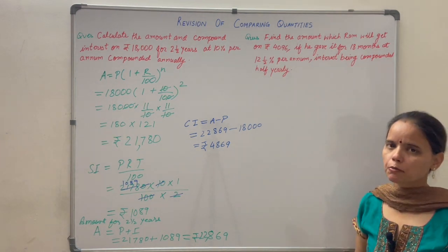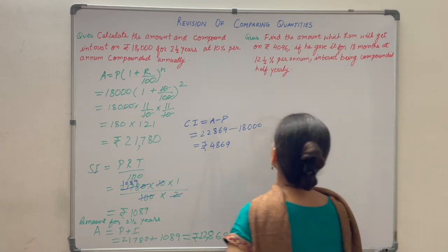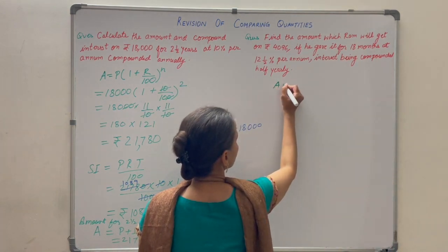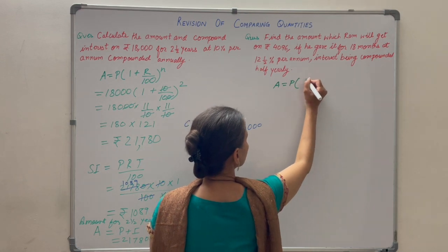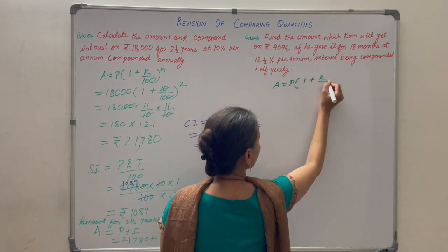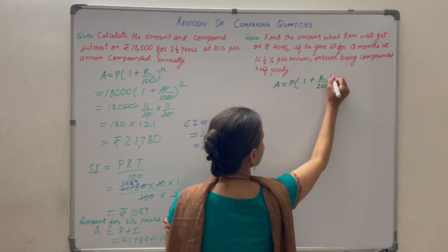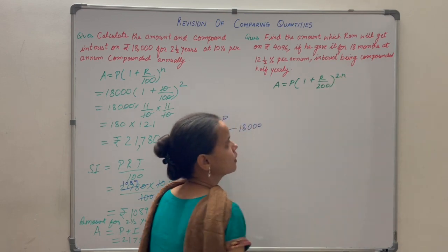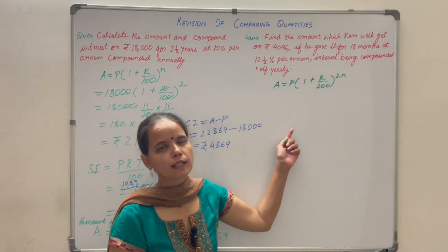So to calculate compounded half yearly, the formula for amount is equals to P into 1 plus R upon 200 raised to the power 2n. So this is the formula for compounded half yearly.